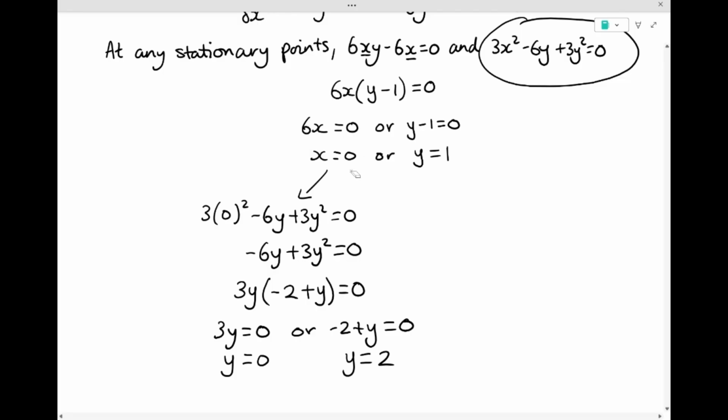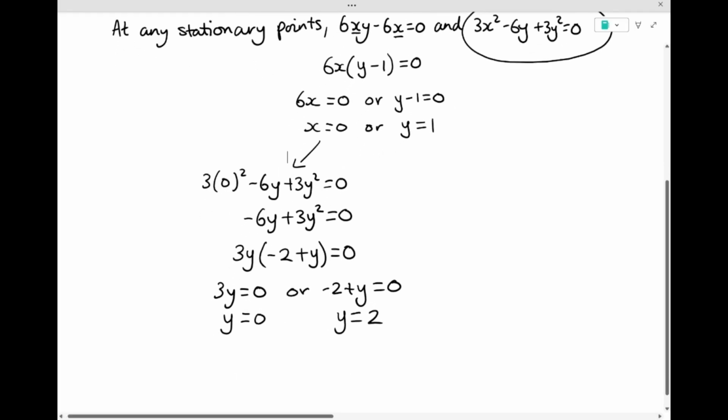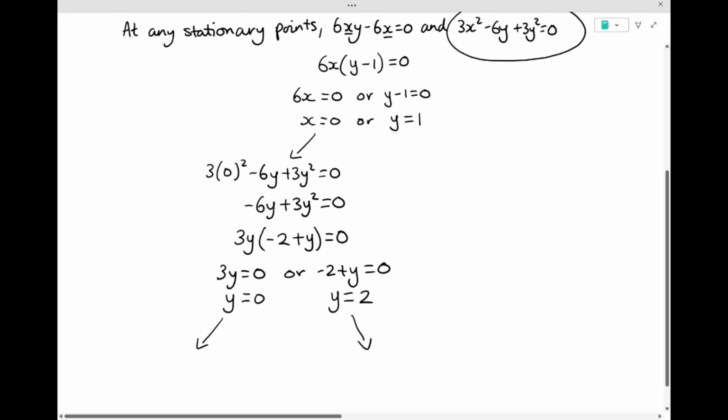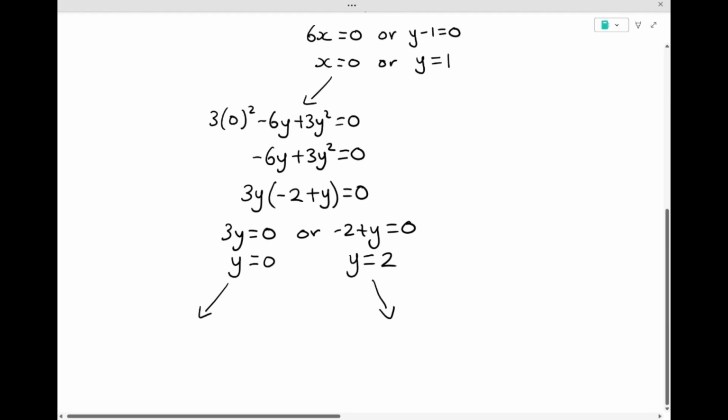When x is equal to 0, y could be equal to 0, or y could be equal to 2. So we're now going to have to branch off further on each of these and figure out what z is going to be for this scenario. This scenario on the left, I'll just summarize it, is when x equals 0, because that's the branch we're working off up here, and then also y is equal to 0.